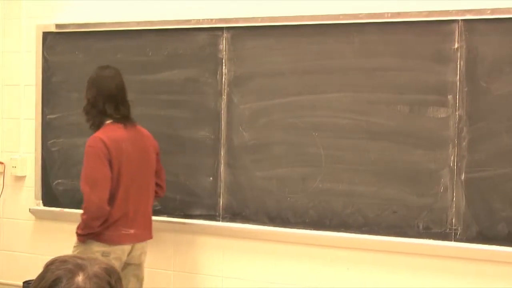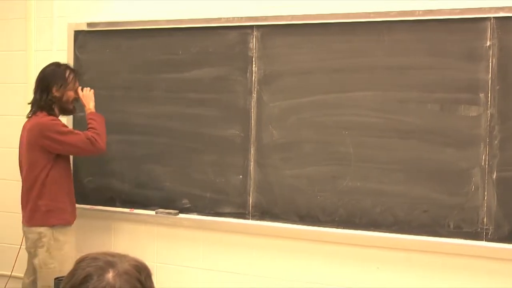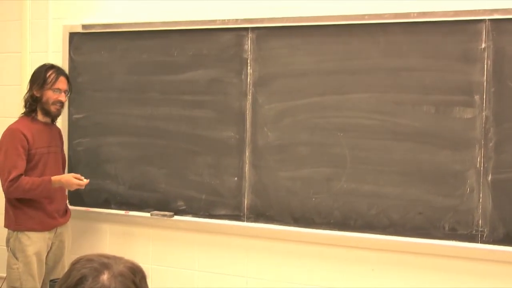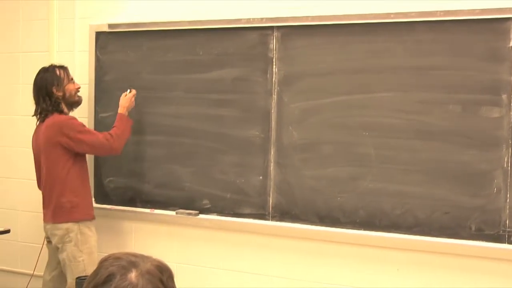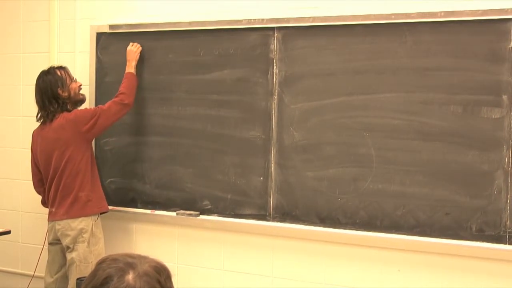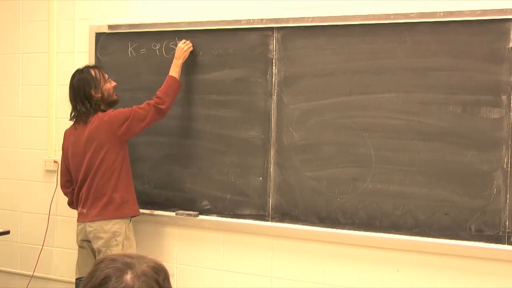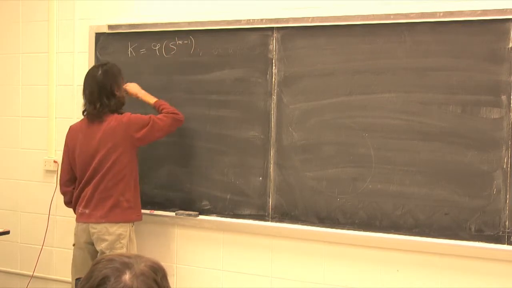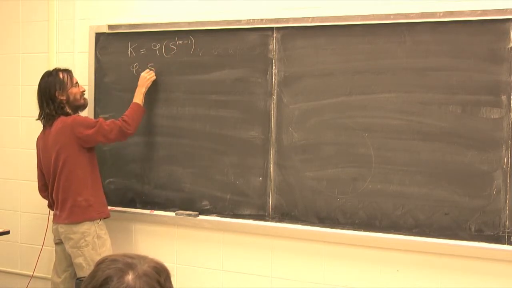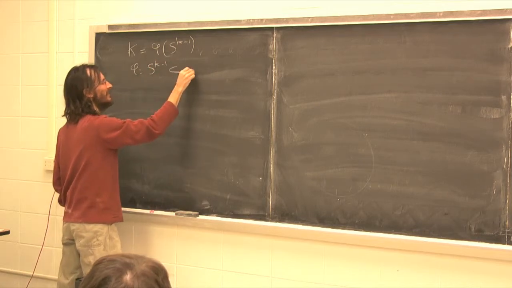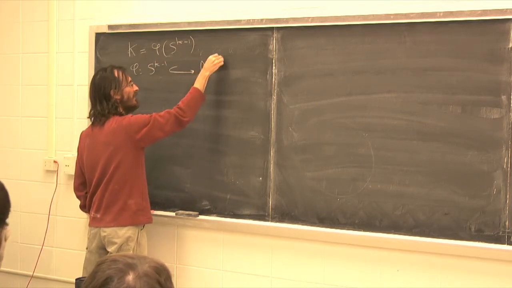Let me back up just a little bit. This is the general setting, right? We have K, which is the image of an embedding of S^1, inside some n minus 1 dimensional manifold.